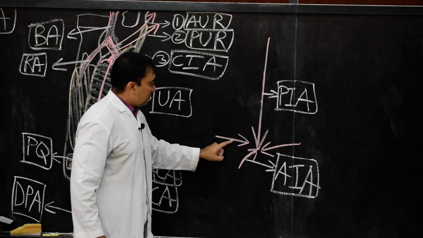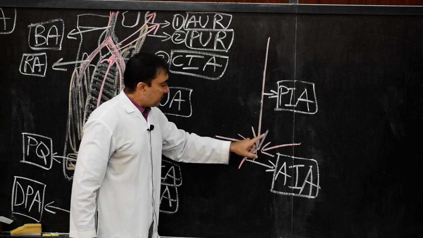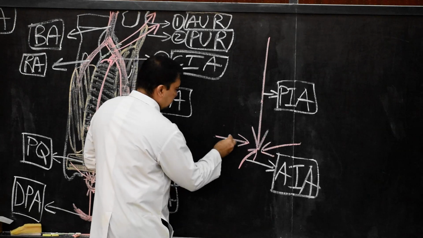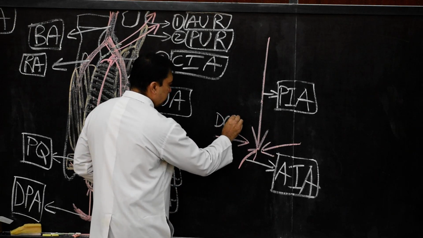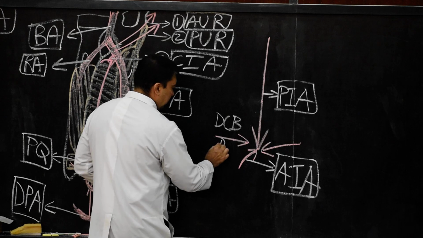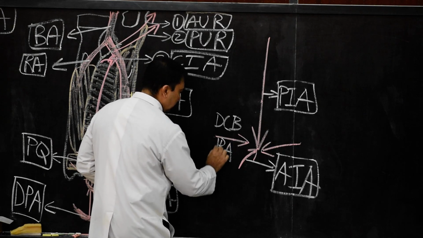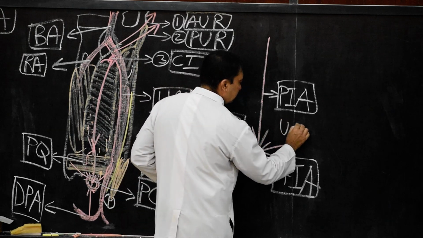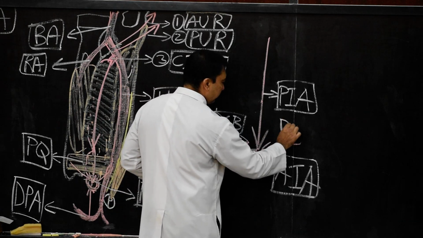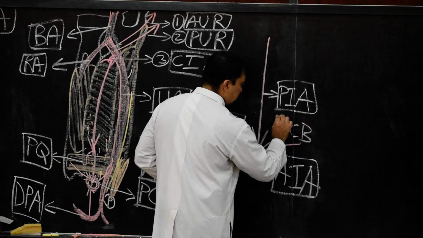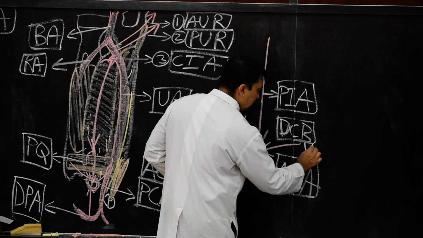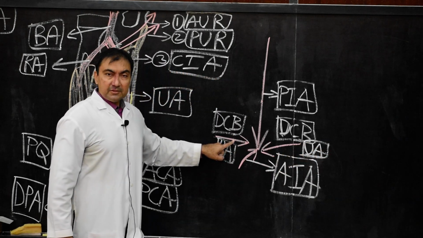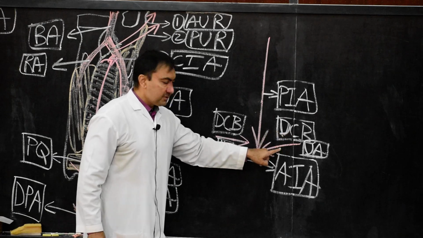So this will be the dorsal carpal branch of the radial artery and the dorsal carpal branch of the ulnar artery. If I write over here, this is the dorsal carpal branch of the radial artery. Here, this will be the dorsal carpal branch of the ulnar artery.